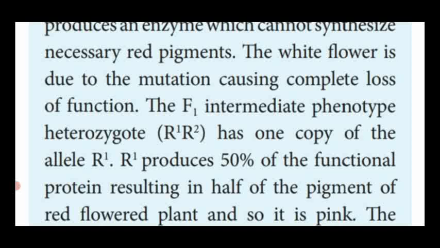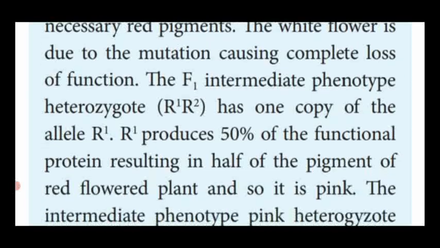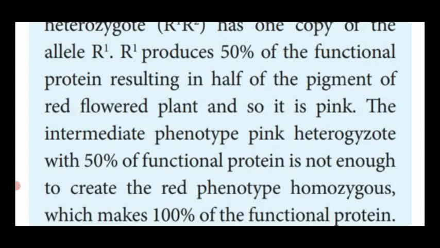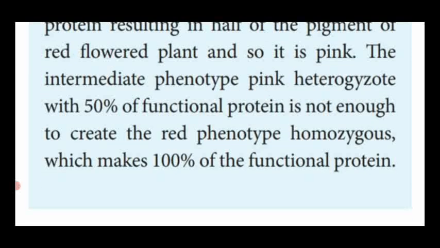So the red color and white color are mixed together, R1 and R2, which forms the intermediate color, that is pink color flower, which is heterozygous in the F1 generation. That's why 50% of functional protein is not enough to produce the red color flower, so the intermediate pink color appears in the F1 generation.